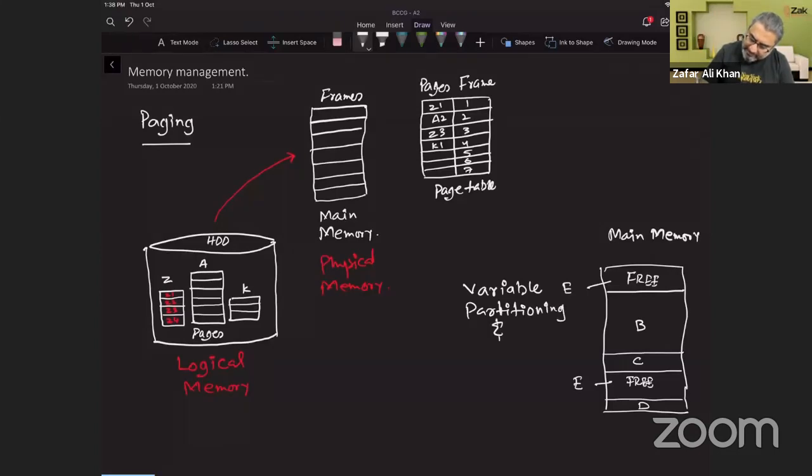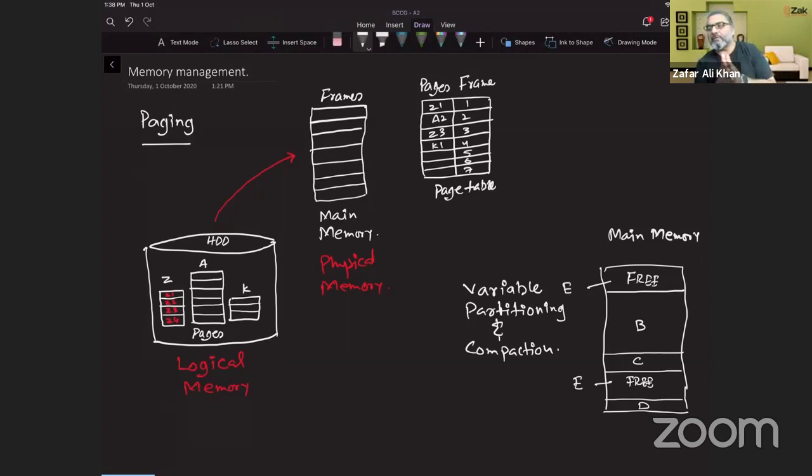And the second thing that is now required is compaction. Now, what is compaction? Compaction means we need to move programs from one memory area to another, so that when they are moved, all the free space will be at one location in the memory, and that collected free space can then be used to load new programs.